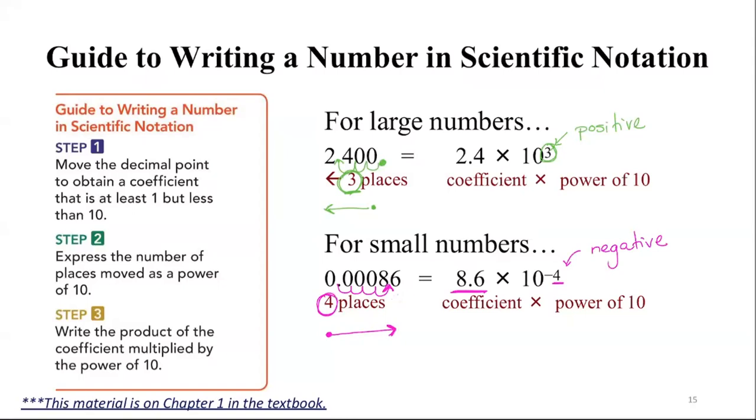One last thing that we need to remember. If you're given a measured value and you need to convert it to scientific notation, you need to keep the same number of sig figs, okay? So we just learned about sig figs. So in the value 2,400, there are 2 sig figs. So that means that my coefficient needs to be 2 sig figs.